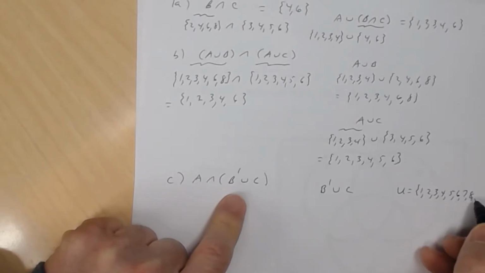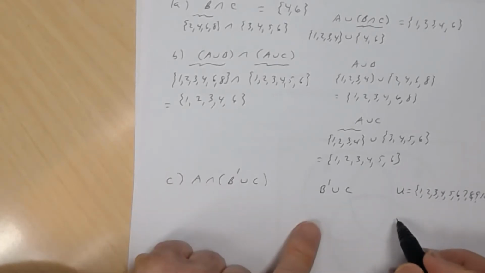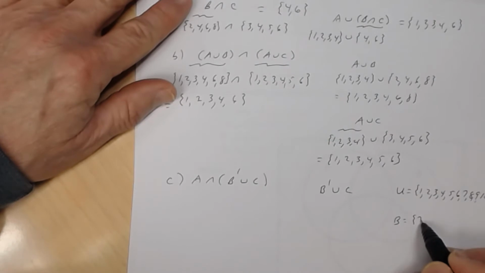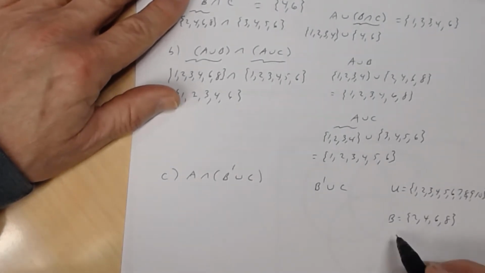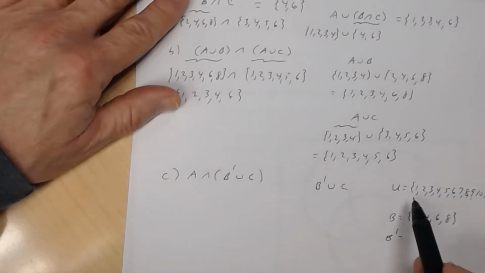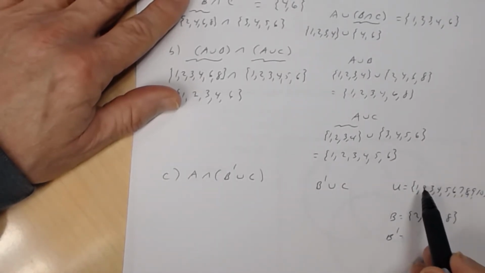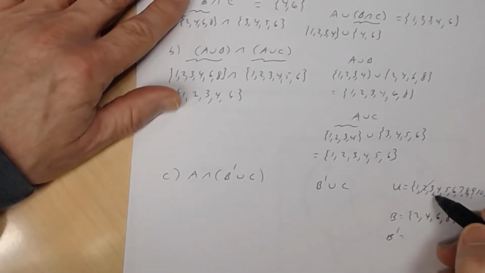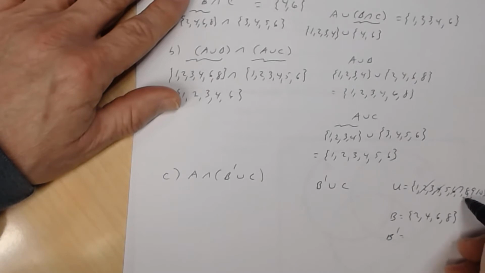So I'm going to go ahead and list it all. And then B, remember, is the set 2, 4, 6, 8. And so B complement then would be every element that's in the universal set that's not in B. So I'm going to take 2 out, 4 out, 6 out, and 8 out.